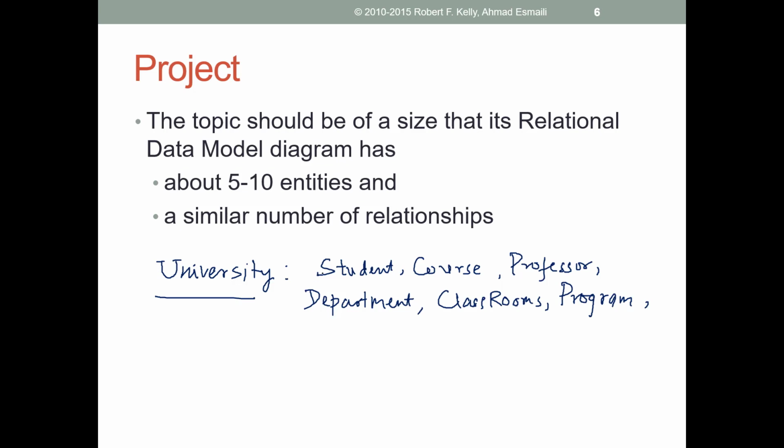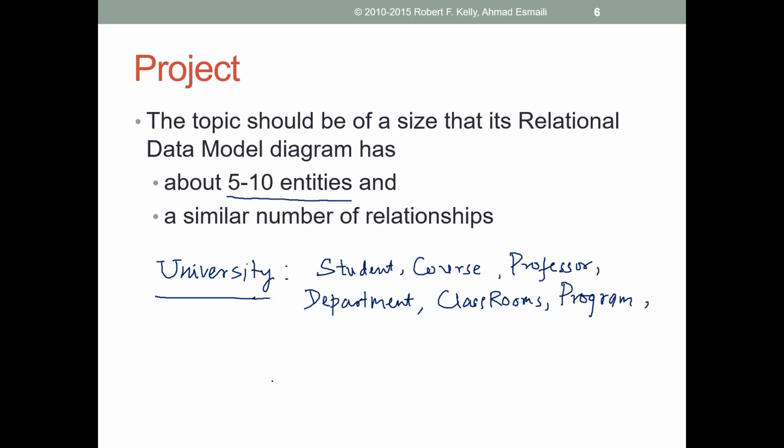Similarly, if you are thinking of a banking system, you can think of some entities like customer, location. The point is, whenever you pick a topic, make sure that it is easier to identify at least 5 to 10 entities.